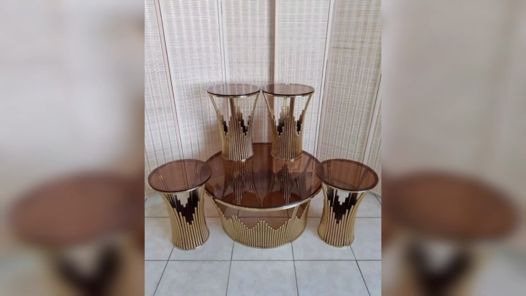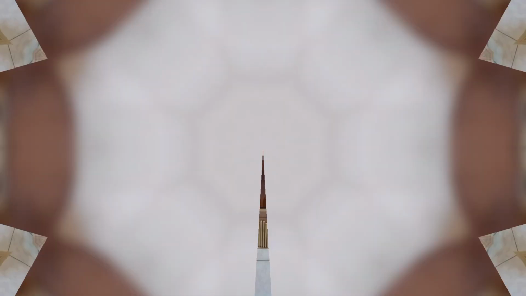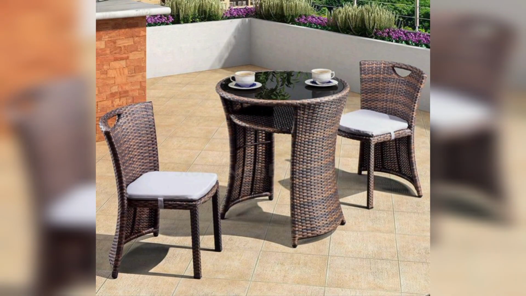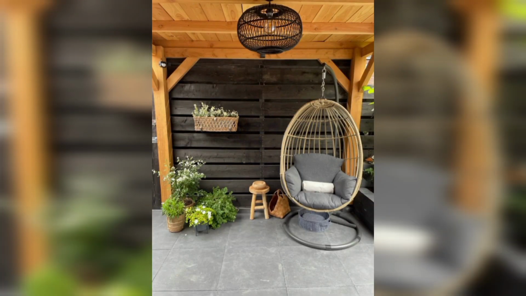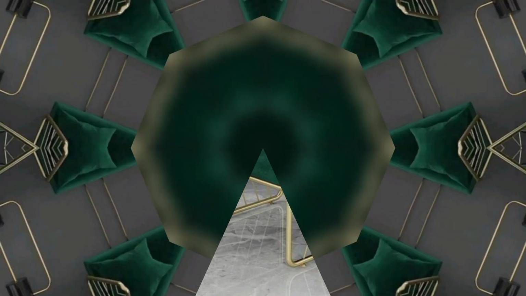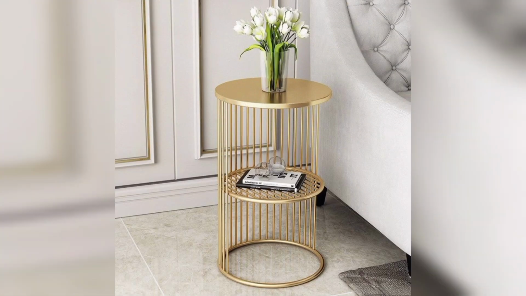Rebar is used in concrete to provide additional strength, as concrete is weak in tension while steel is strong in both tension and compression.